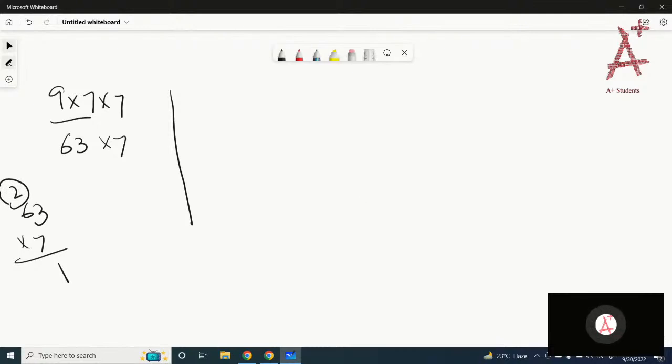Then 7 times 6 is 42, and add the 2. So 42 and 2, 44. So it would be 441. Got it? So you are given three of the options: 441, 451, and 461. So just select the correct option and click on the OK button.